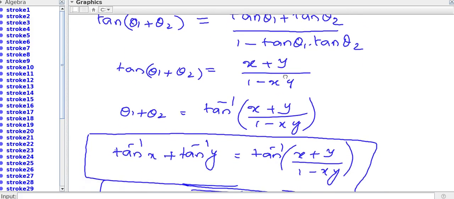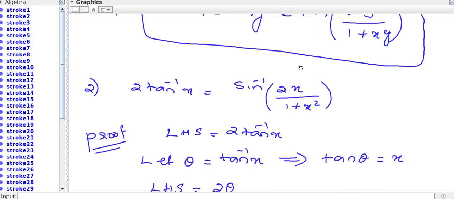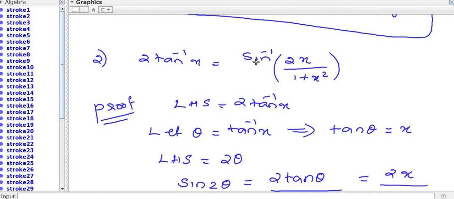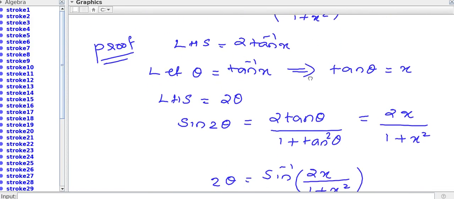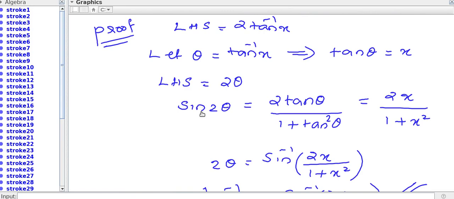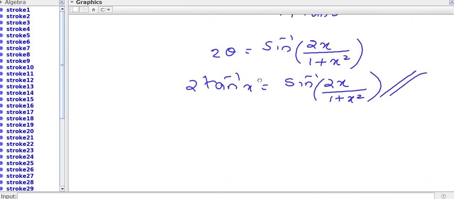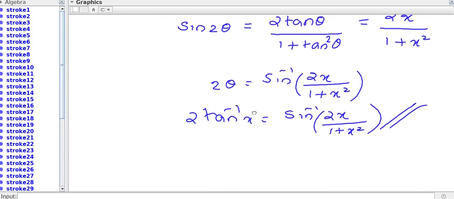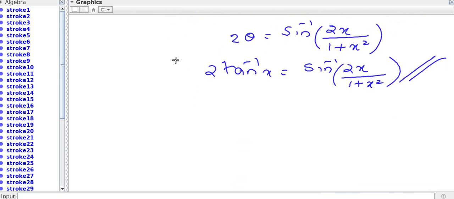But in this problem we need to prove this is equal to sine inverse of something, so for that purpose we are taking sine 2 theta. Okay, now I think you can do one more problem.